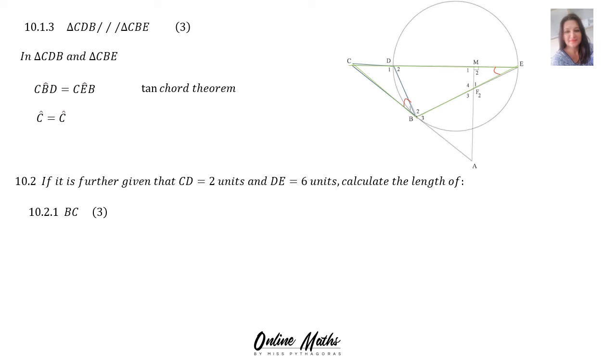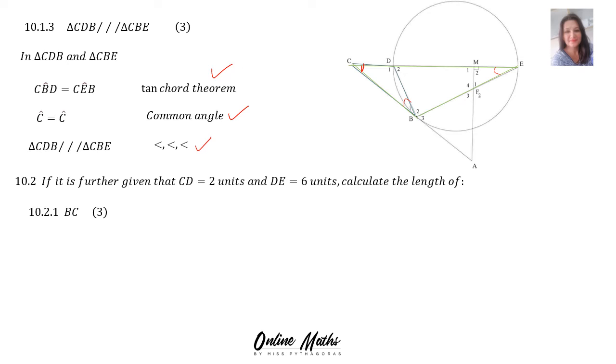Then we see that angle C is the common angle. Therefore, triangle CDB is similar to triangle CBE and your reason is angle, angle, angle. Three angles equal. Where's the marks? Statement, reason, statement, reason, reason.